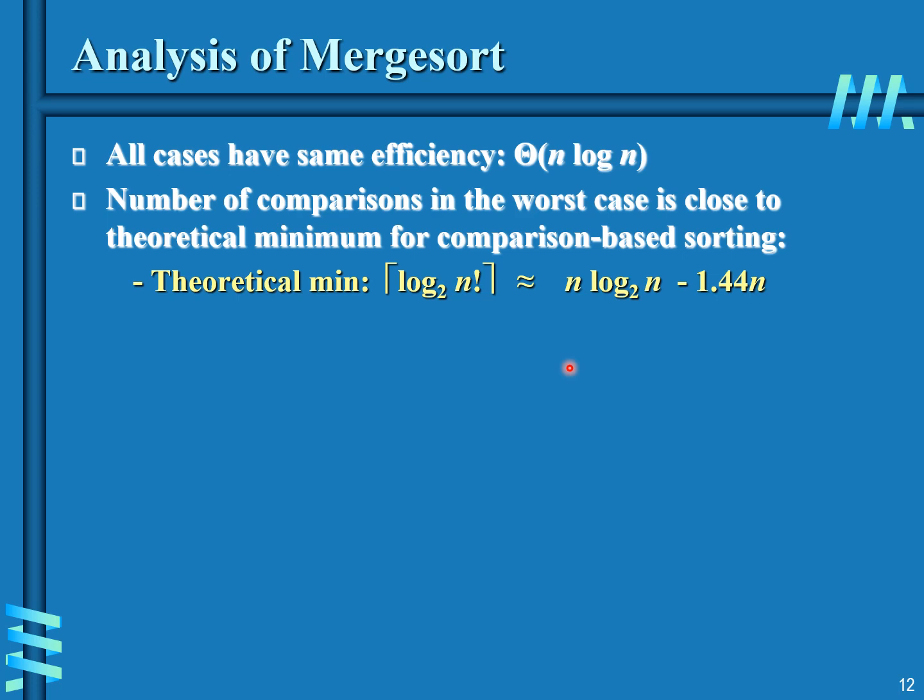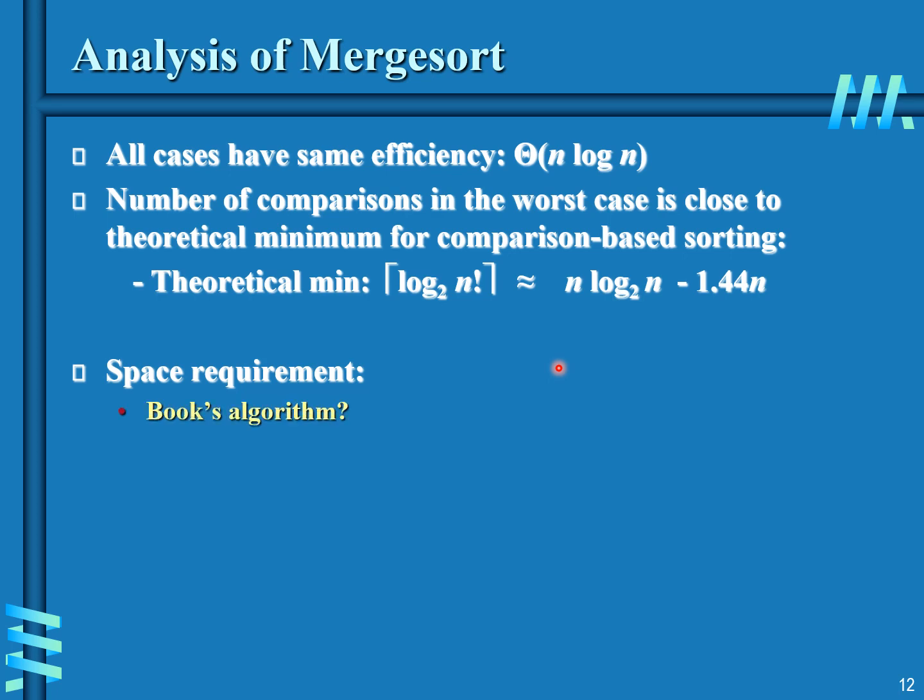Where f(n) = n - 1, the value of d is 1, so a equals b to the power d. Obviously the time complexity belongs to theta of n log n. So this is the worst case efficiency of merge sort, as well as the best case and average case. In all cases the efficiency is theta of n log n. Thank you.